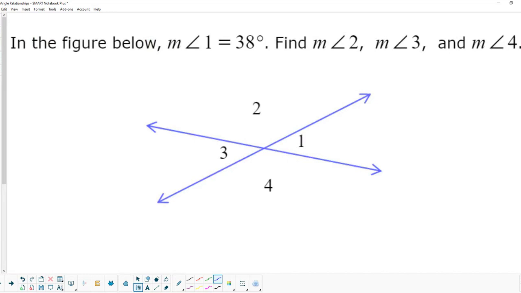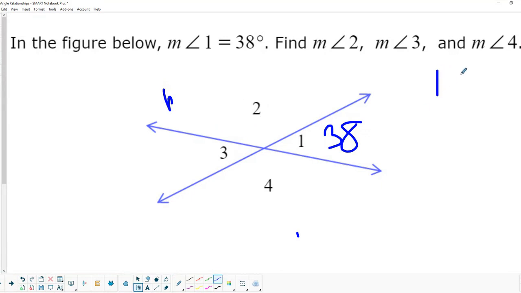Okay, so you'll see some problems where you get a diagram like this, and they'll say, okay, well, if angle 1 is 38 degrees, how much is angle 2? Okay, so 38. And we know that angle 1 and angle 2 add up to 180.